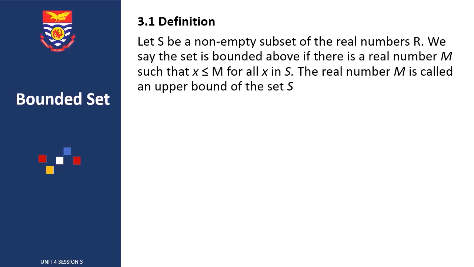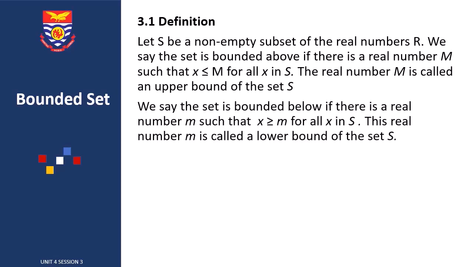Let S be a non-empty subset of the real numbers R. We say that the set is bounded above if there is a real number m such that x is less than or equal to m for all x in S. The real number m is called an upper bound of the set S. We say the set is bounded below if there is a real number m such that x is greater than or equal to m for all x in S. This real number m is called a lower bound of the set S. So that's the condition for a lower bound.